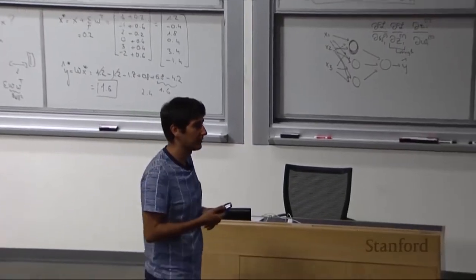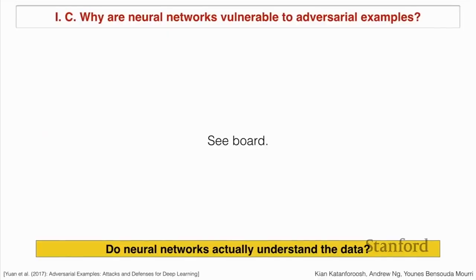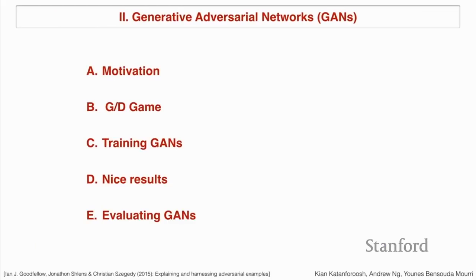So the general question we're asking now is, do neural networks understand the data? Because we've seen that some data points look like they would be real, but the neural networks don't understand them. So more generally, can we build generative networks that can mimic the real world distribution of images, let's say? And this is what we will call generative adversarial networks.